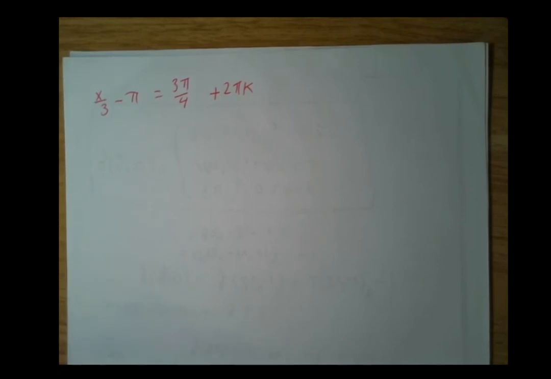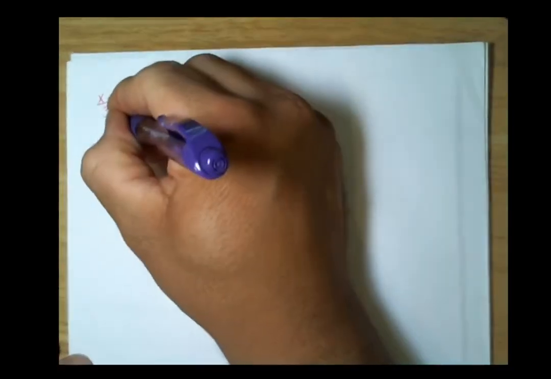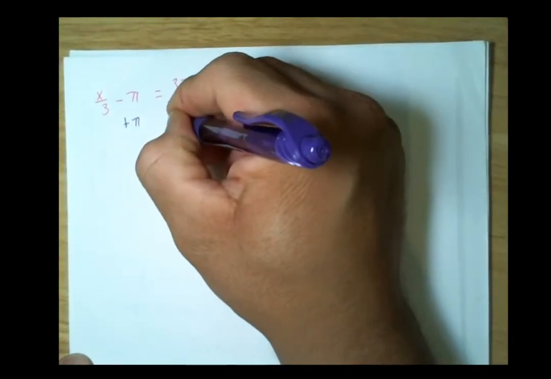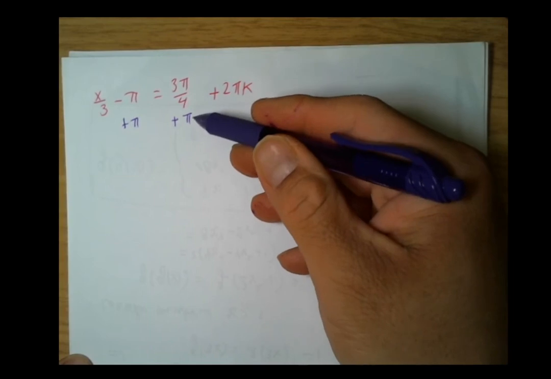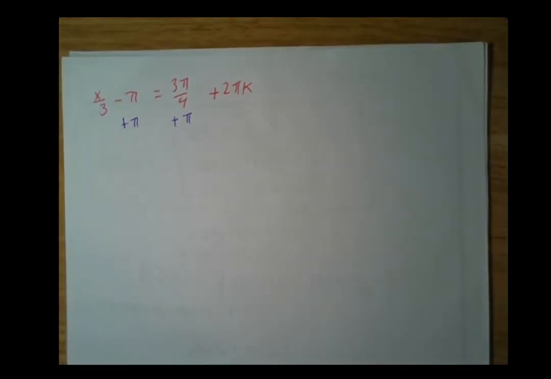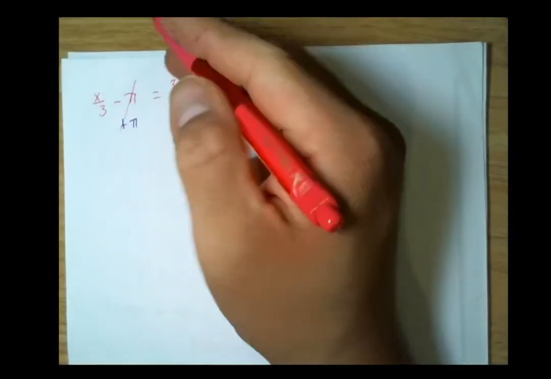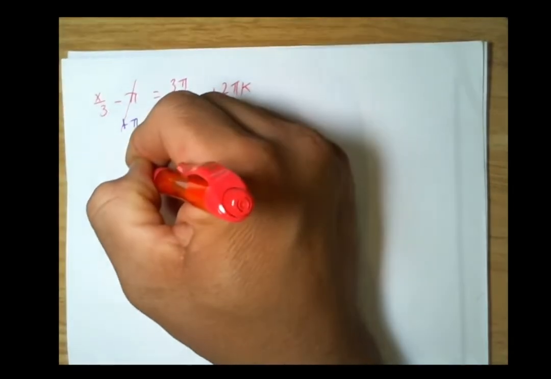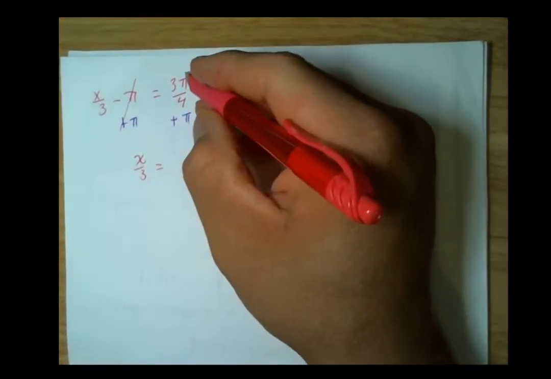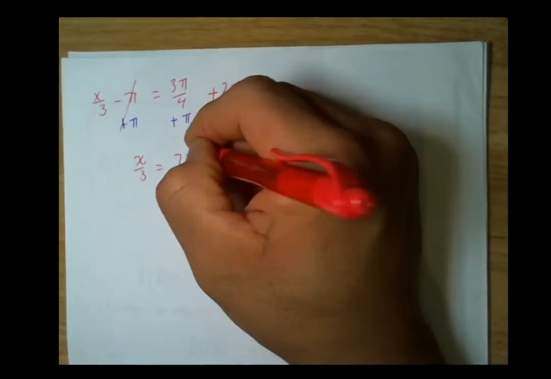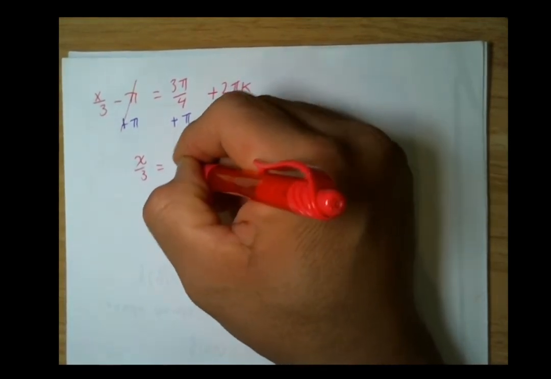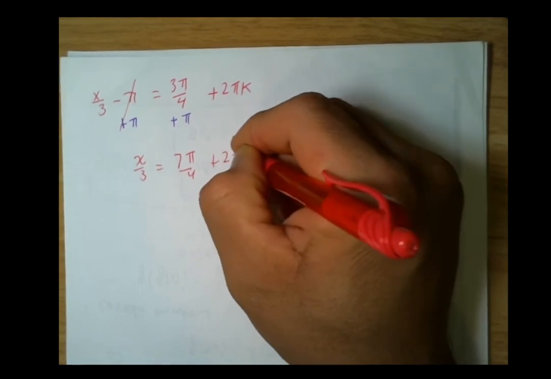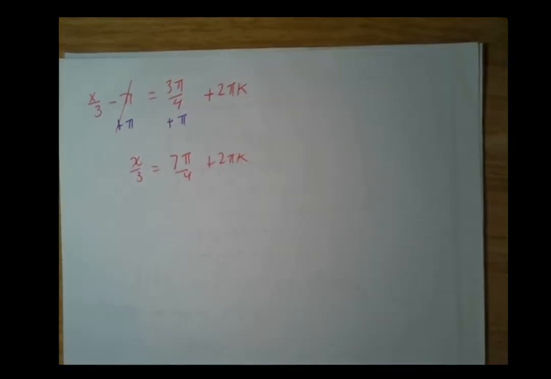Okay, and again, from here it's just some algebra work. We're going to add pi to both sides. Again, watch the common denominator 4, so this is 4 pi over 4. So here this zeros out, and we get x over 3 equals 7 pi over 4 plus 2 pi k.